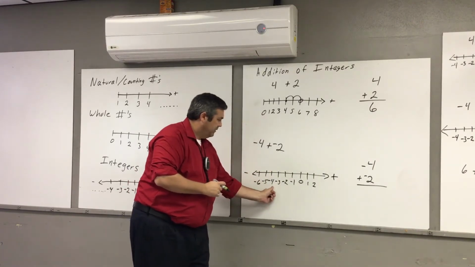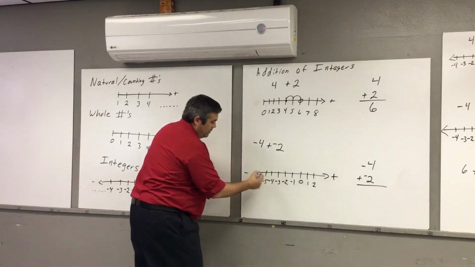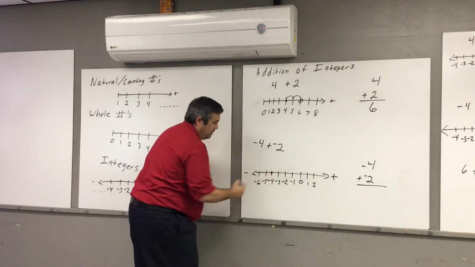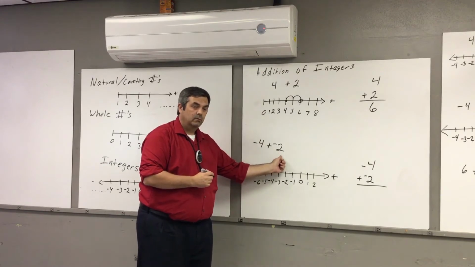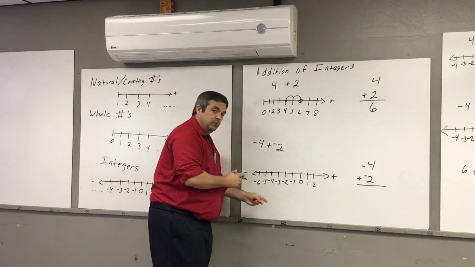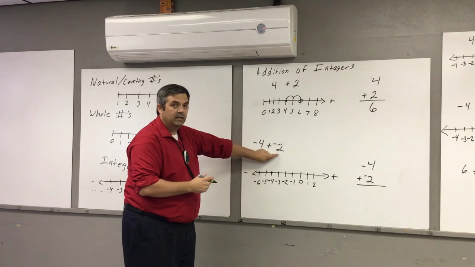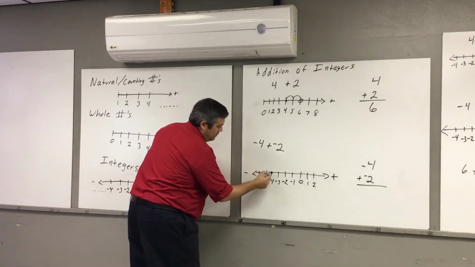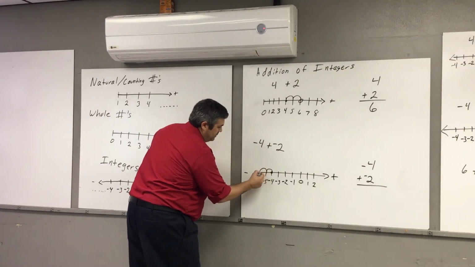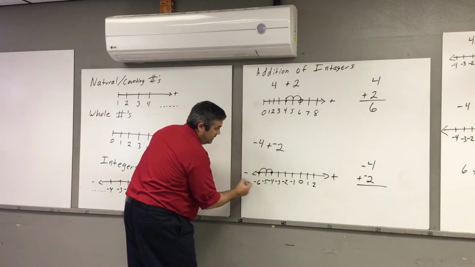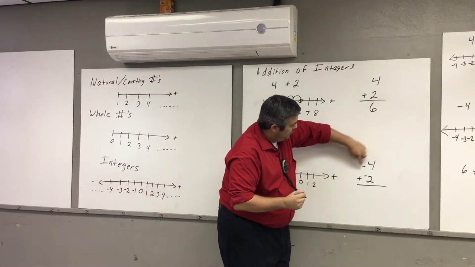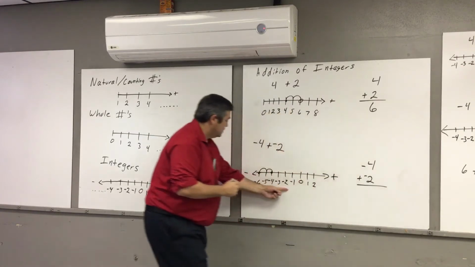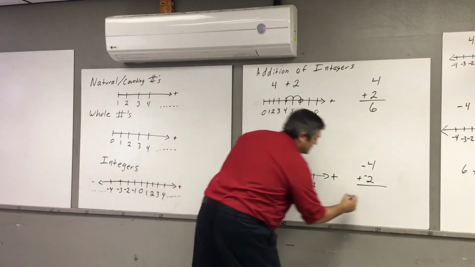So I go all the way over here to the negative 4, and we're going to start there. Okay? Now I'm adding a negative 2. Okay? So I'm going to go to the left because again, it's a negative 2. So 1, 2 gets me to that negative 6. So I'm going to come over here, negative 4 plus negative 2, as we saw on the number line, gets us negative 6.